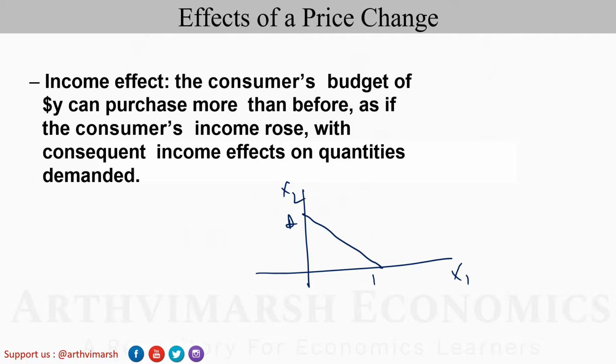For example, if the budget line was AB and, as a consequence of the price change, the new budget line is AC, when X1 becomes cheaper, more of the commodities can be consumed from the resulting bundles. This is what is implied in terms of the income effect on the quantities demanded.